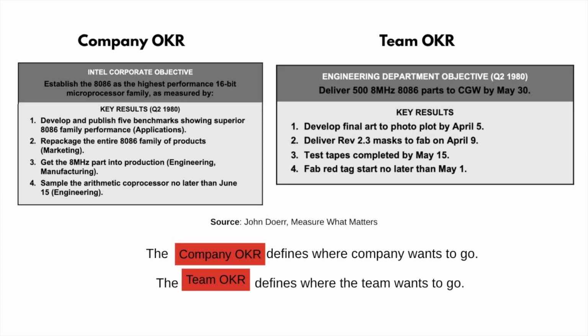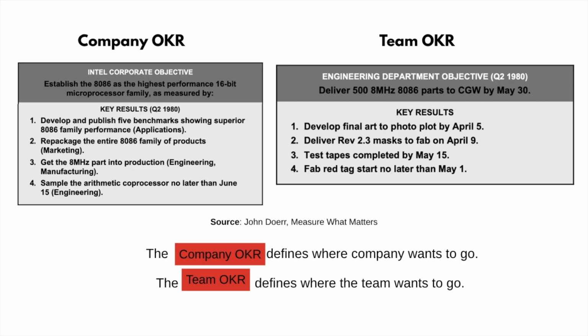Here's the original OKR of Intel. First, we see the company OKR. It says, establish the 8086 as the highest performance 16-bit microprocessor. This means the company wants to win in the market. It's a strategic goal, big picture, long-term thinking. Now, look next. This is the team OKR, specifically the engineering team OKR.